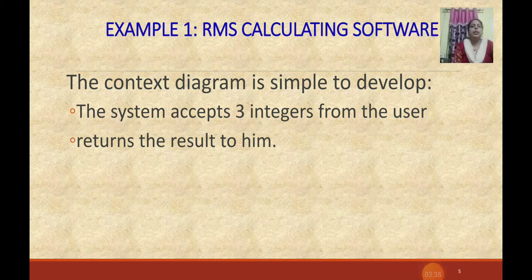The next step is to develop the level 0 diagram or context diagram. The context diagram is simple to develop. The system accepts 3 integers from the user and returns the result to him. Means this is the main objective of the software.